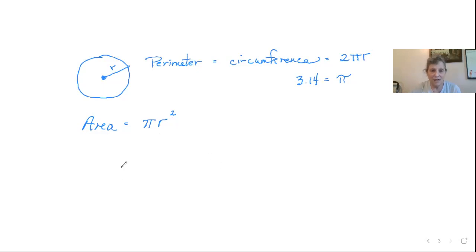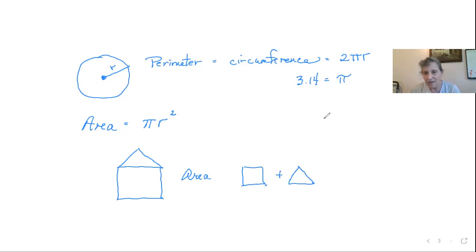If we have a shape that involves different shapes, for instance, if we take a little house here and we want to find the area of this house, the area of the house is going to be the area of the square plus the area of that triangle. Sometimes they'll give us a box with maybe a semicircle on each side.